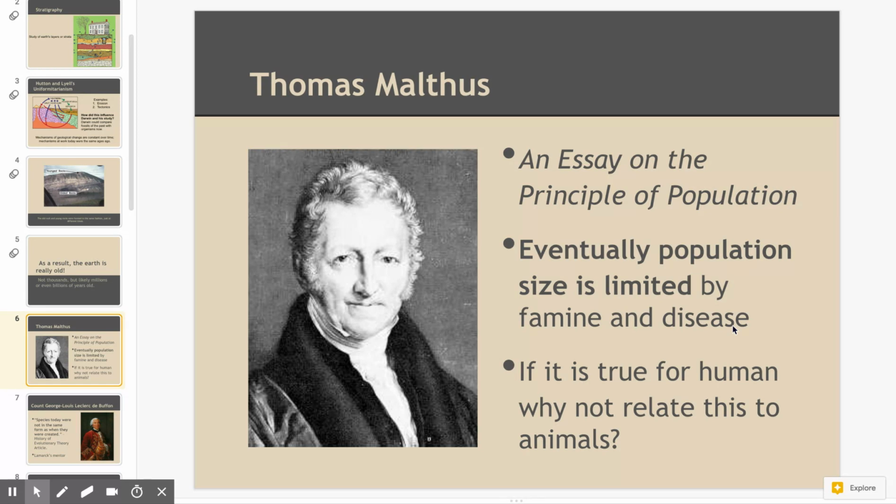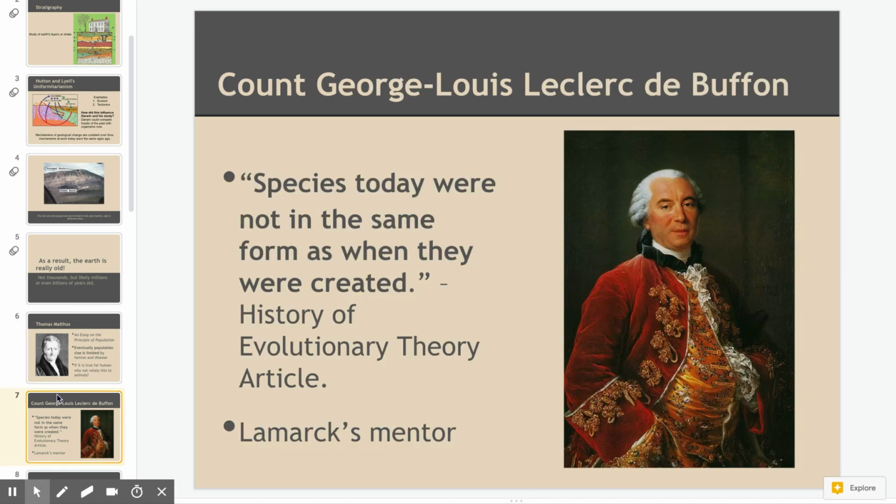If you have a space with limited resources, it makes sense that a population can't grow and grow and grow. At some point, some animal isn't going to get the food that it needs, or a disease is going to come in and wipe out a whole bunch of those animals because of the close quarters that they're living in. So Darwin and others used these principles of population to delve more deeply into ideas of evolution. And we're going to come back to this when we talk about competition as it relates to evolution.